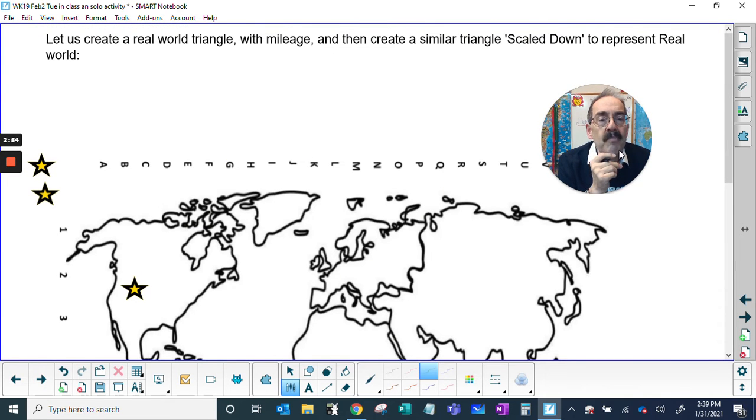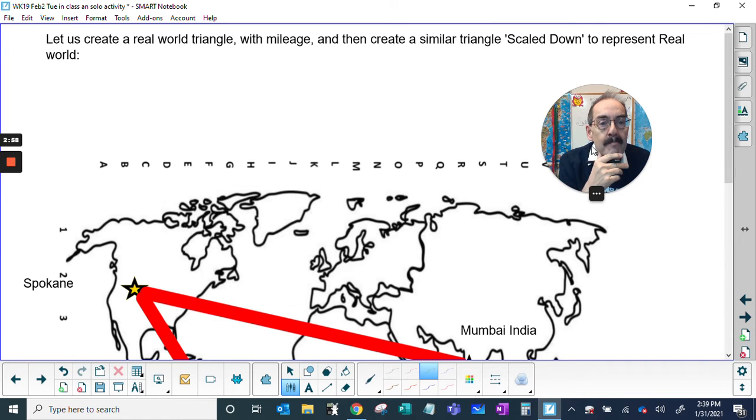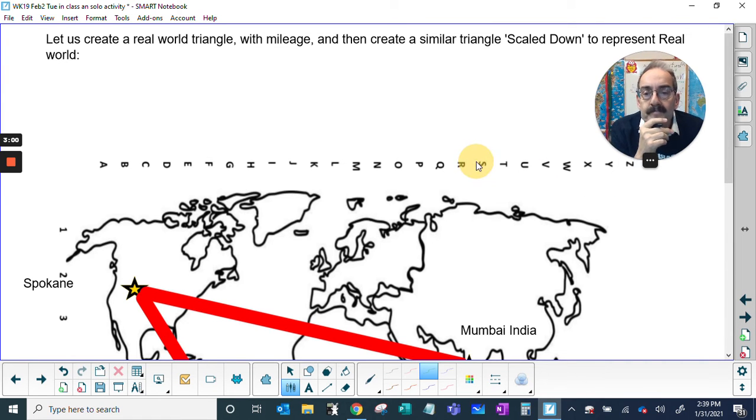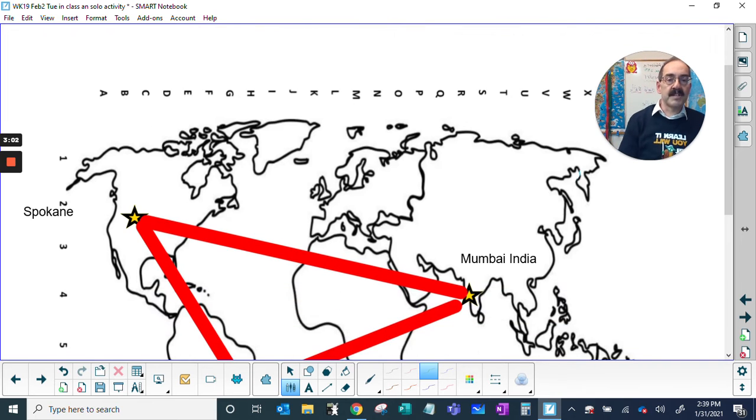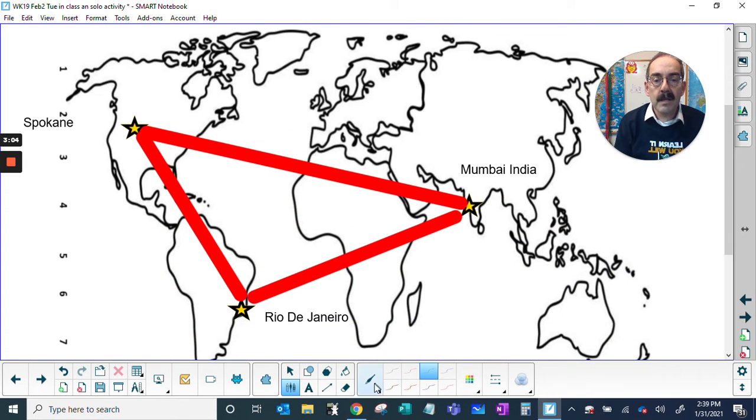But before we get started, let's actually do a problem on the map, okay? So I picked 3 places on the map, and we're going to have Spokane, Mumbai, India, Rio de Janeiro. We're going to Google it, okay?